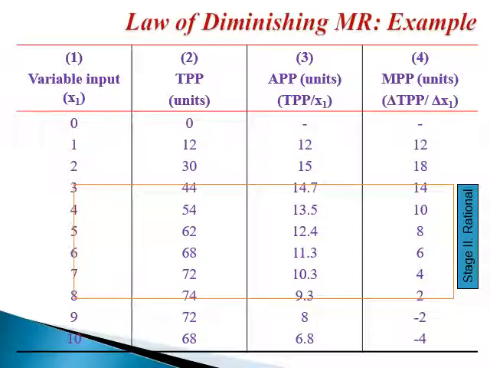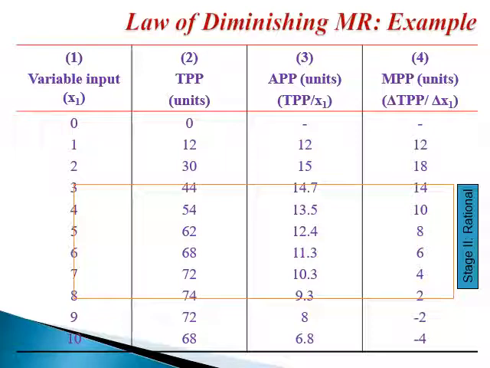It is always inside stage 2. The question is how much of the variable input I am going to utilize, given that I want to maximize my net returns. And the answer for that is where exactly in stage 2 I should use x1.